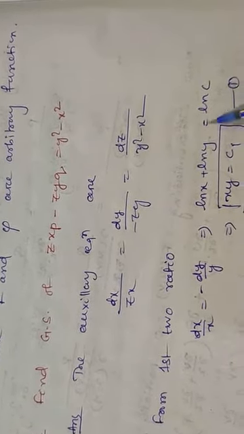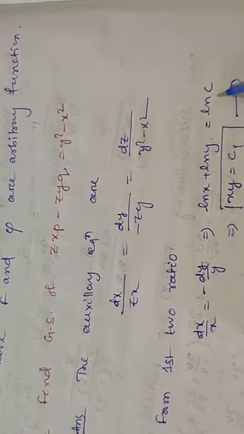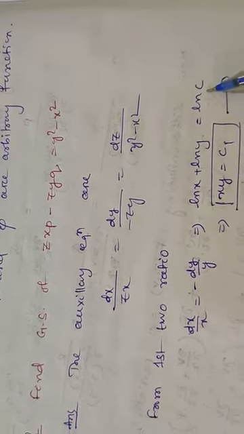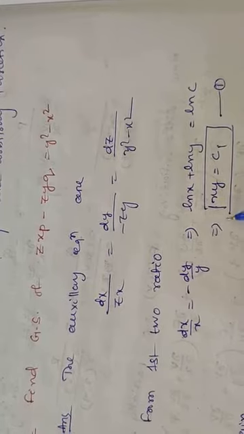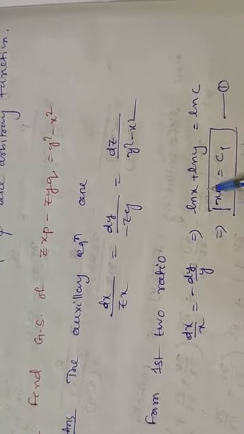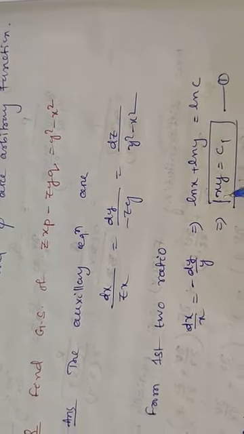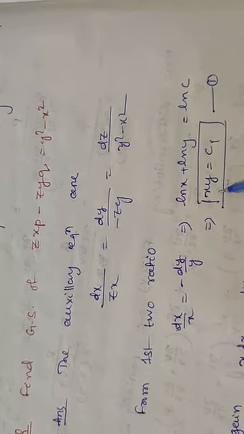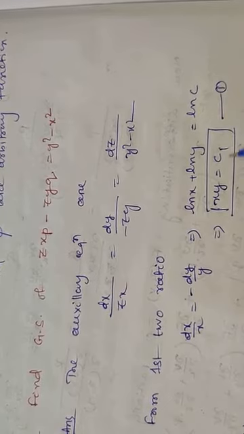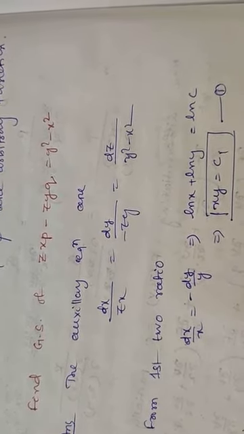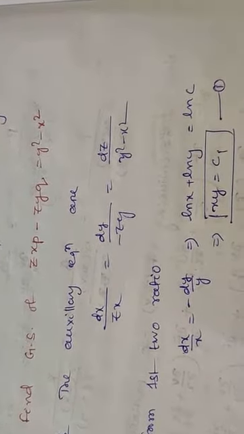Ln c is again an arbitrary constant; in place of c, we take ln c for simplicity of the calculation. Now taking the exponential both sides, we get xy is equal to c1. So this is one relation, u(x,y,z) is equal to c1, xy is equal to c1.